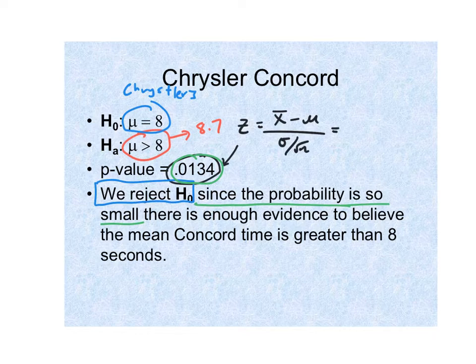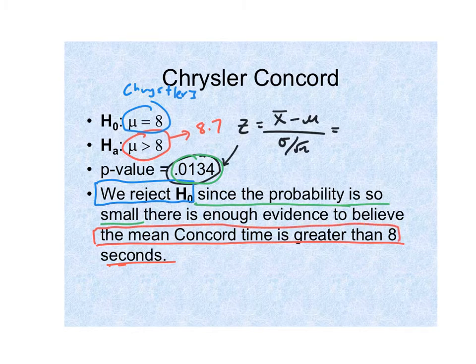So I'm going to say there's enough evidence to believe what? To believe the alternate. There's enough evidence to believe that the average concord time is greater than 8 seconds.